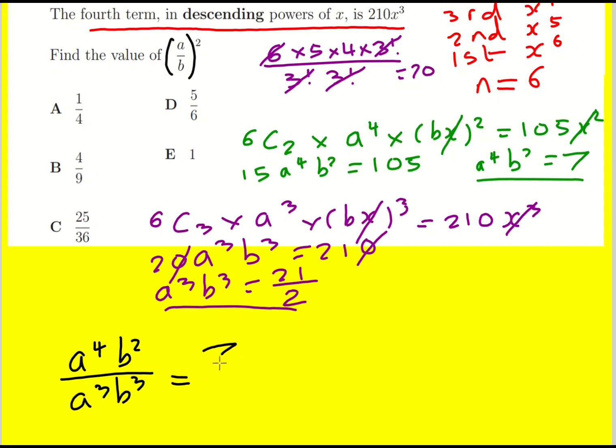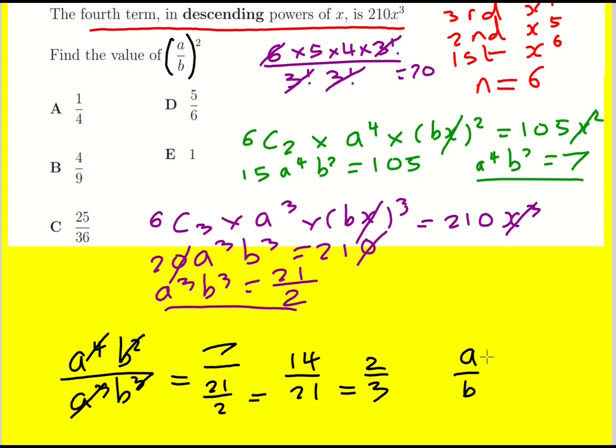So I will have 7 over 21 over 2, which ends up being 14 over 21, because I've just done flip, 7 times 2 over 21, which then will simplify, divide top and bottom by 7, to 2 over 3. And this also simplifies to a over b.